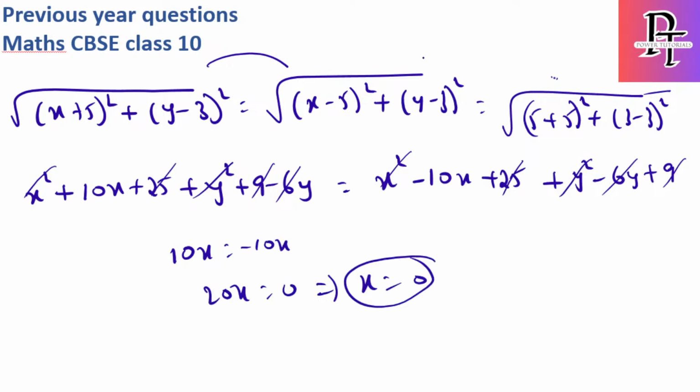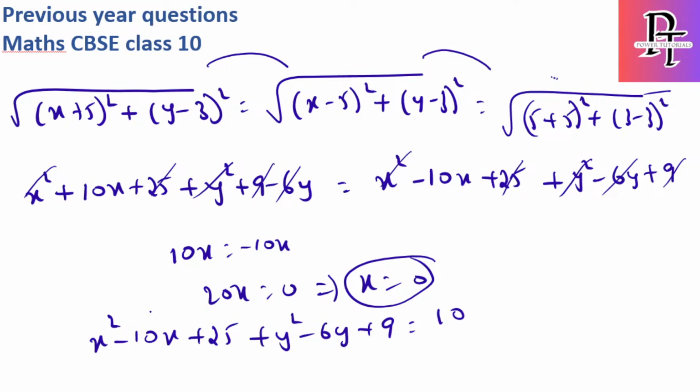Which are x square minus 10x plus 25 plus y square minus 6y plus 9 is equal to 3 minus 3 is 0 only, 5 plus 3 whole square, which is 10 square root over, so it will be 10. Okay, so x value we got it as 0, so simply remove this term, this term.